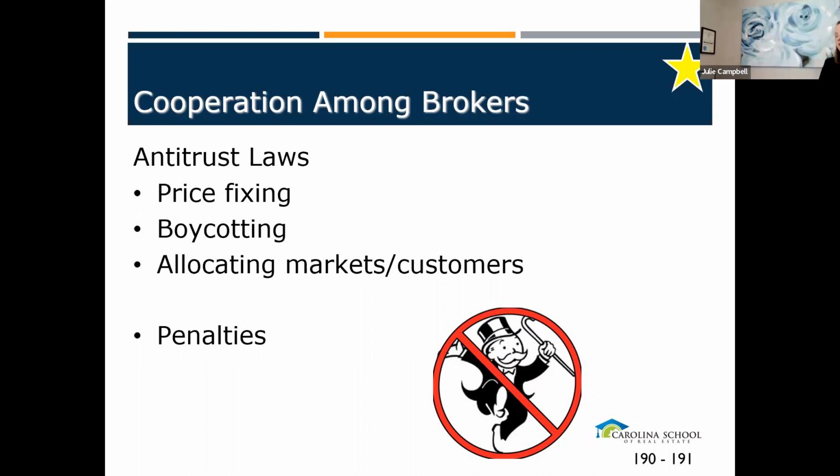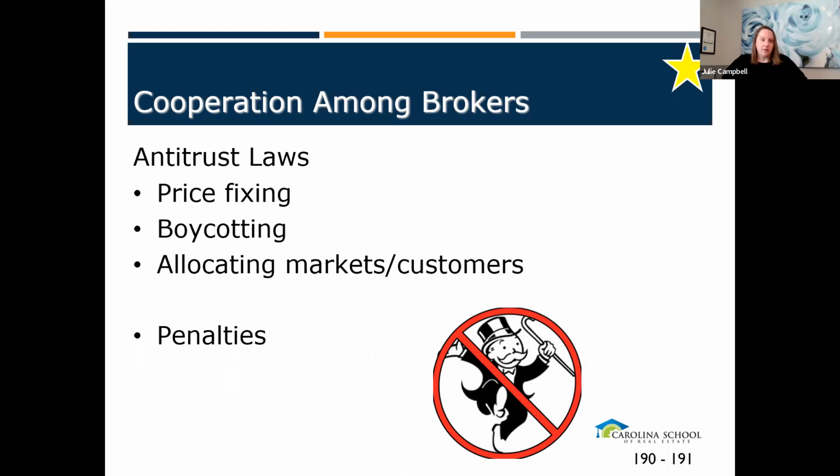Price fixing, your commission, referral fees are up to the firm policy. National Association of Realtors does not set our commission. North Carolina Association of Realtors, North Carolina Real Estate Commission, or your local board of realtors do not set the commission. We need to be very careful when talking to consumers.